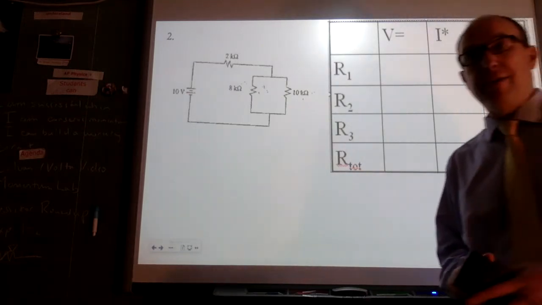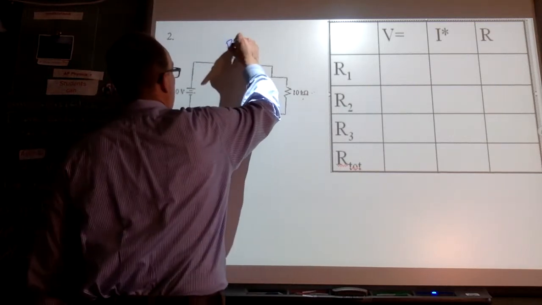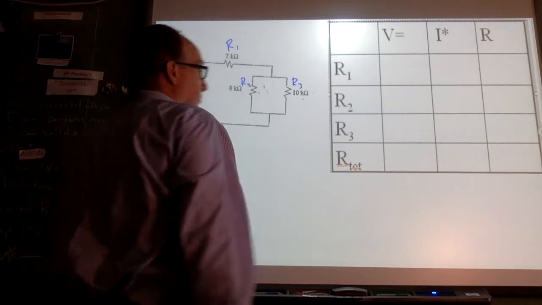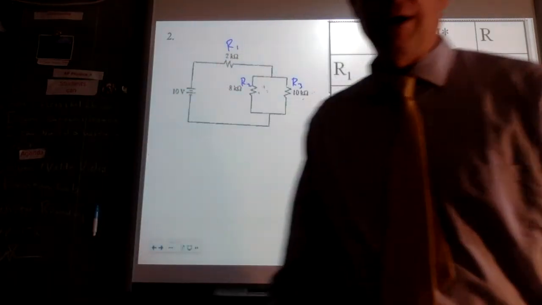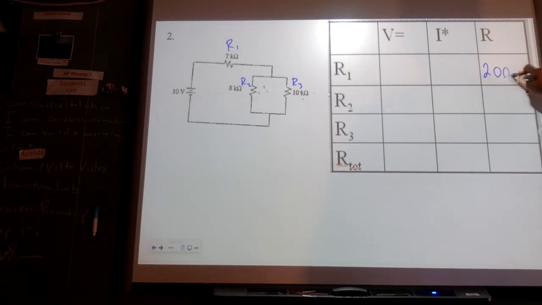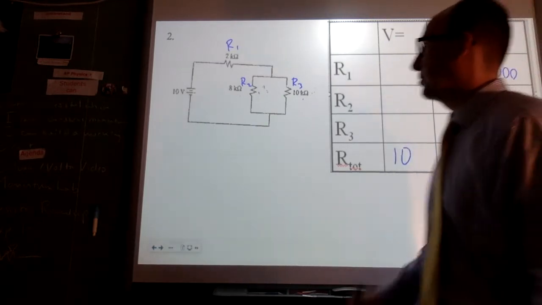All right, now I have a combination. Again, I'm going to call the first resistor I encounter R1, the second one R2, the third one R3. And I'm going to plug these values into my chart, and I know that I have 10 volts.